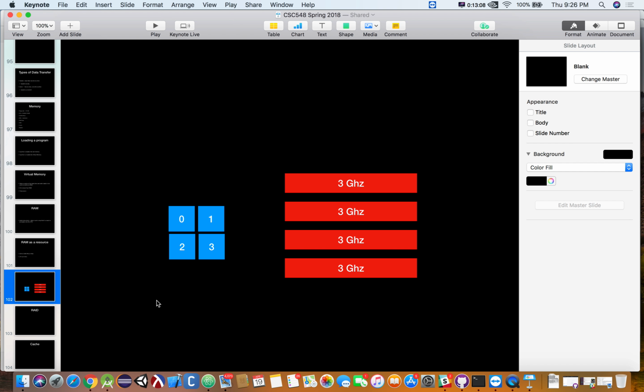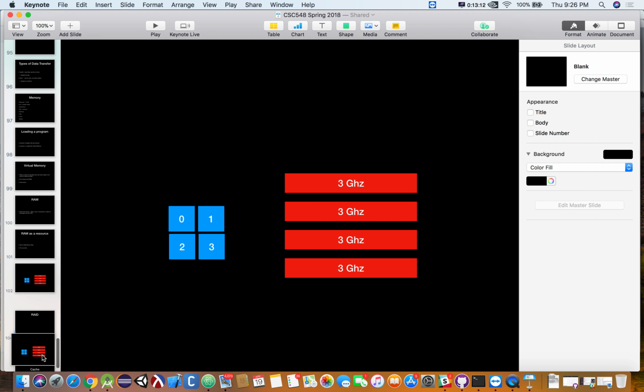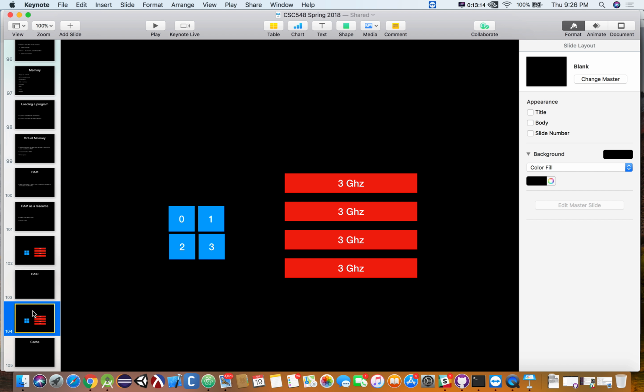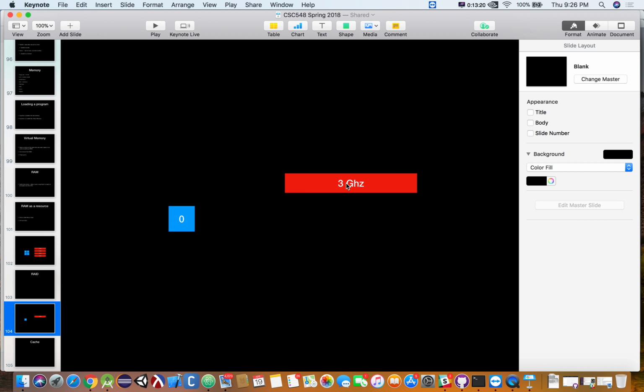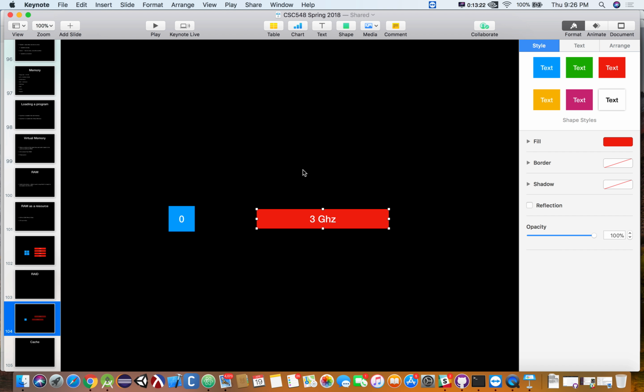Okay, if we just dumb this down, just to simplify, let's say we only have a single core CPU with a single memory bank. And it can be a bottleneck. These are the same speed, 3 gigahertz, 3 gigahertz. Every time we have to go to RAM, processor, RAM.